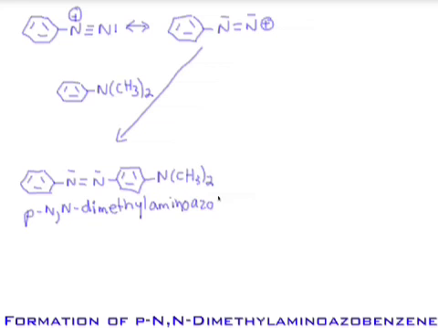The azo refers to the N double bond N. Azobenzenes are two aromatics attached by an N double bond N.